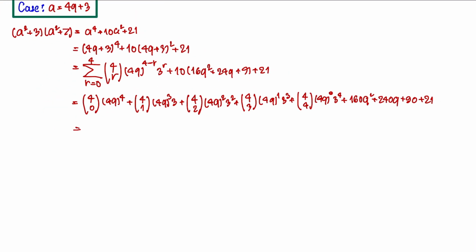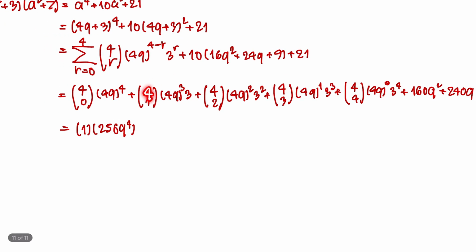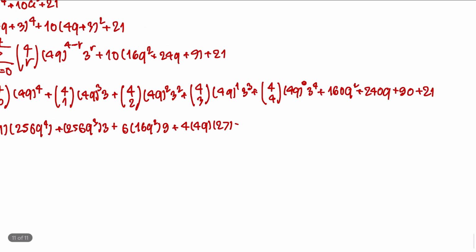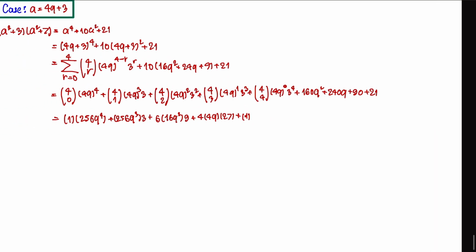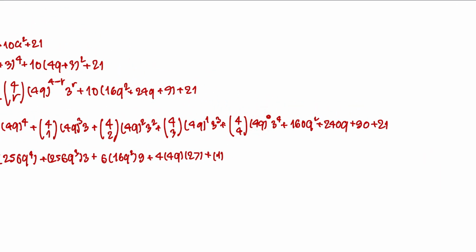Okay, so 4 choose 0 is 1, and this is 256q⁴. And 4 times (4q)³, that is 256q³ times 3, plus 6 times 16q² times 9, plus 4 times 4q times 27, and 4 choose 4 is 1. 4q to the 0 is 1, and 3⁴ is 81.